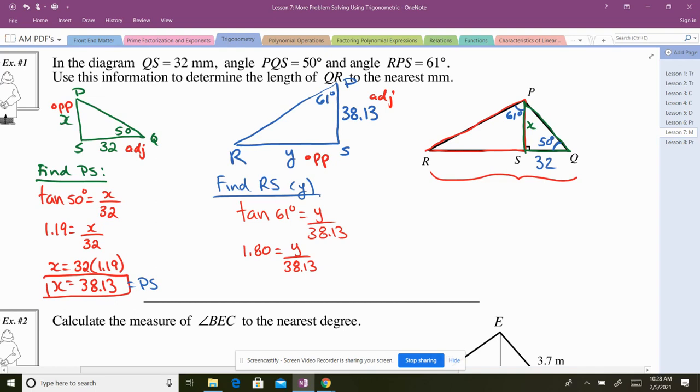You can deal with that when you get to grade 11. So Y is equal to 1.8 times 38.13, which equals 68.79. So 69 if you want, or 68.8. And that is RS.